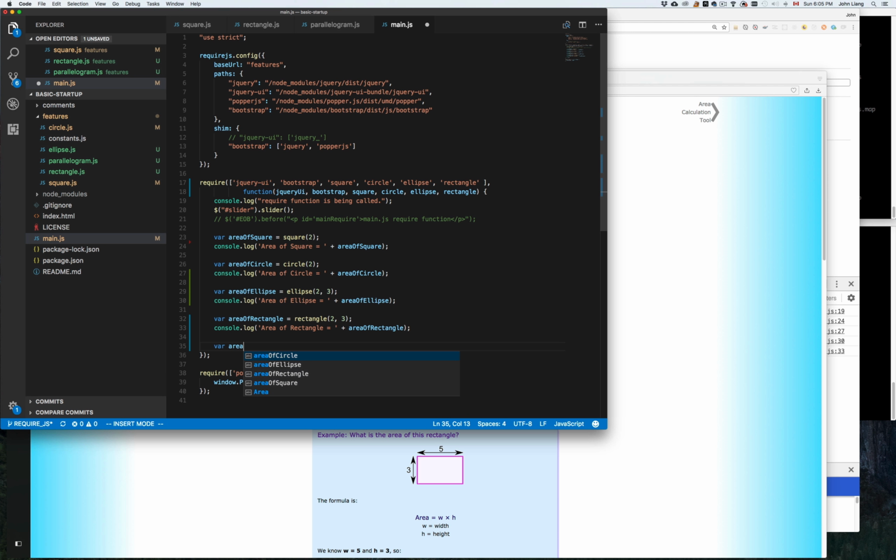So area of parallelogram equals to parallelogram, say 2, 3. Okay.